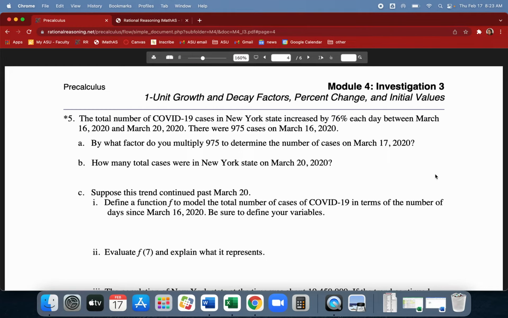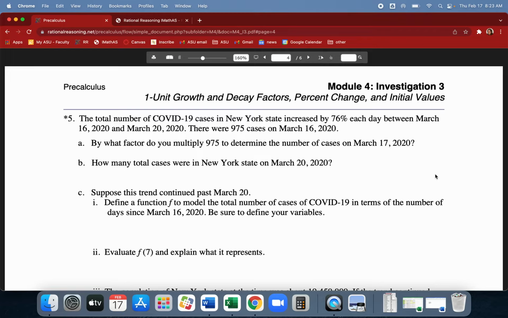taking a look at some messy numbers, here's one where we're given a percentage. Total number of COVID cases in New York increased by 76% each day between March 16th and March 20th of 2020. There were 975 cases at the beginning of that, March 16th. So thinking about writing a function to model the COVID cases is what we're doing here.